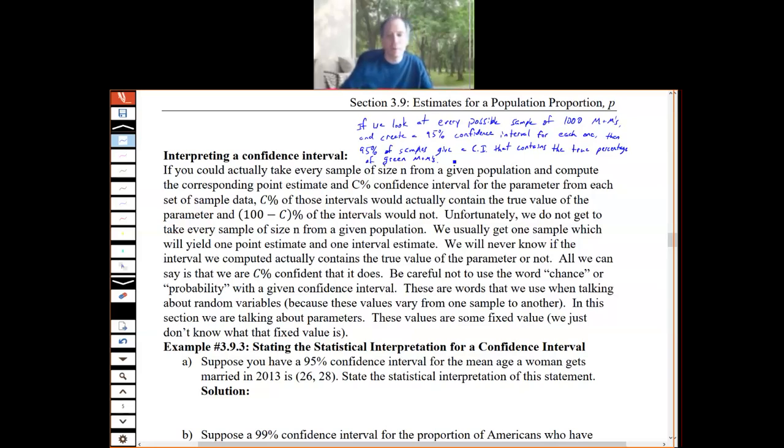But if we think about the process, if I say 95% of all of the possible samples I can pick will give me a confidence interval that contains that true value, then I could say I'm 95% confident that one single sample gives me a confidence interval that contains the true percentage. That means that there's still that chance that we picked one of those bad samples that doesn't give us that.